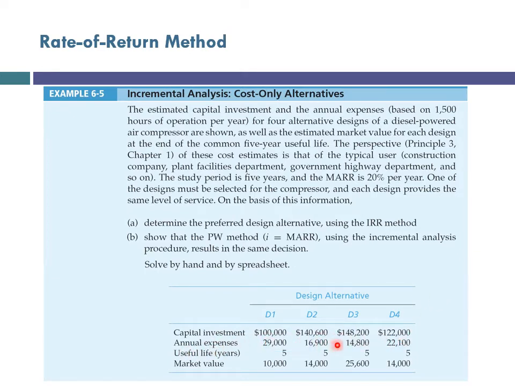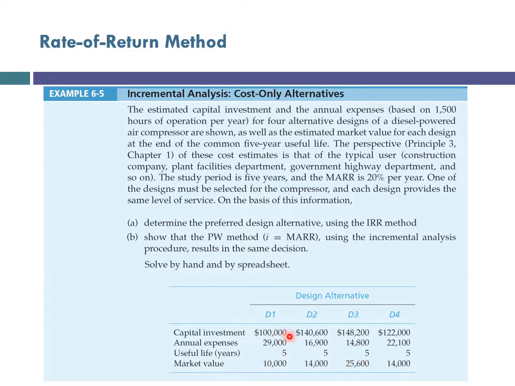Their annual expenses are given to us. There are no revenues associated with these, which means that all projects are cost alternatives. All of them have equal useful lives, and the market values at the end of their useful lives are also given.